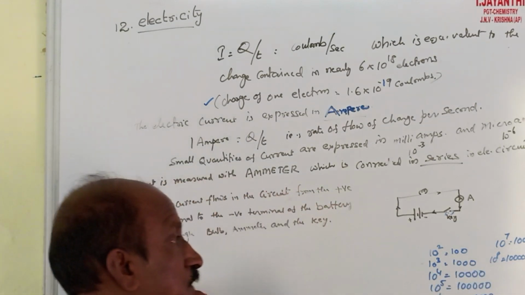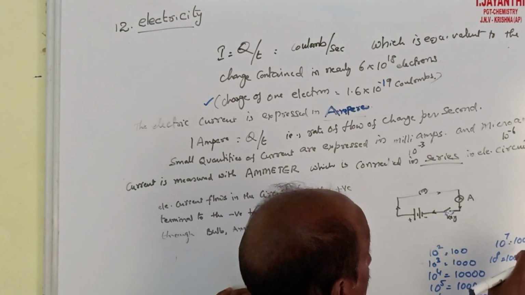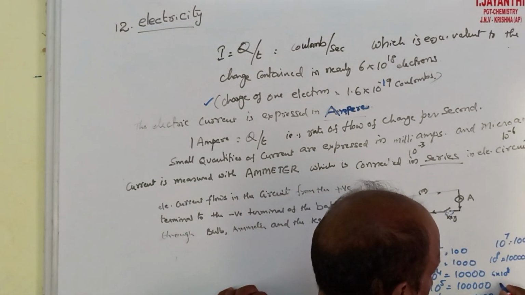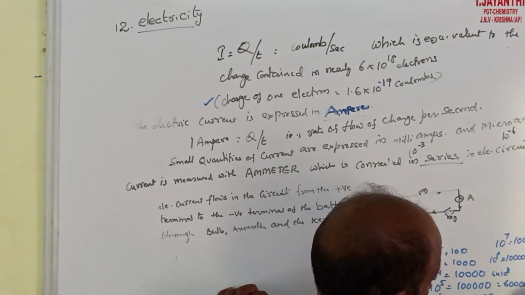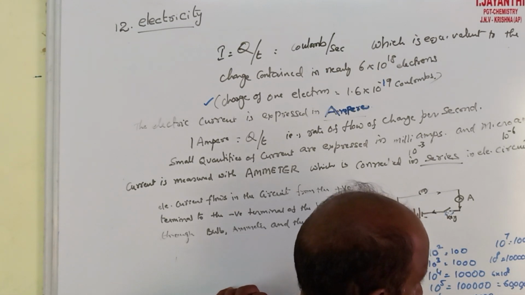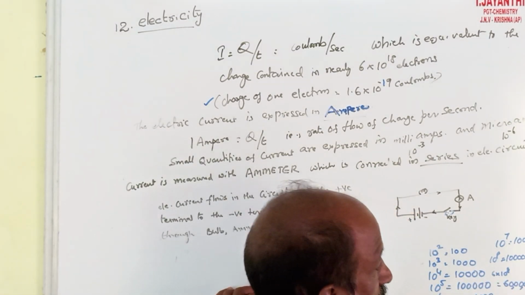So this much, 6 into 10 power of 8 is equal to 8 zeros after the 6. If we express it in our Indo-Arabic number system, this is 60 crores.